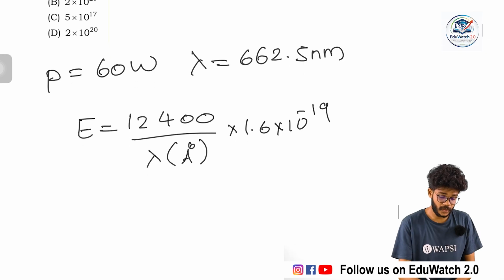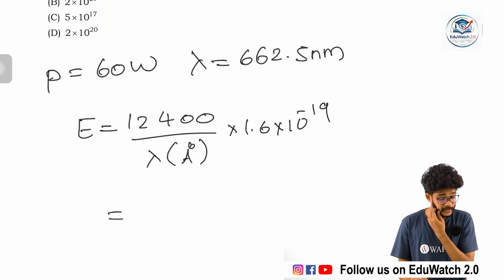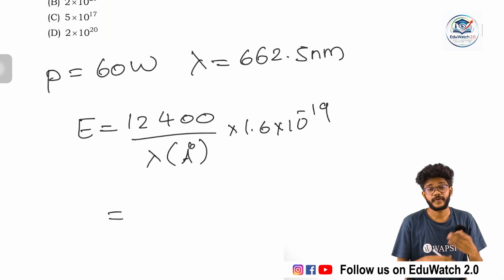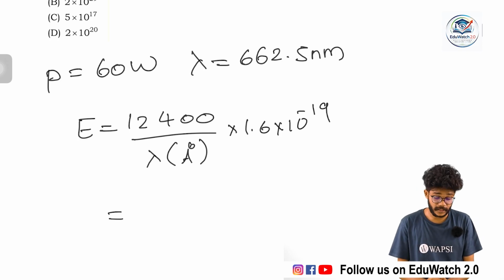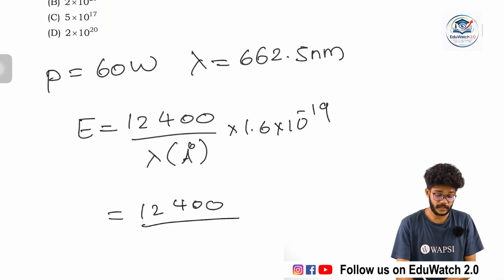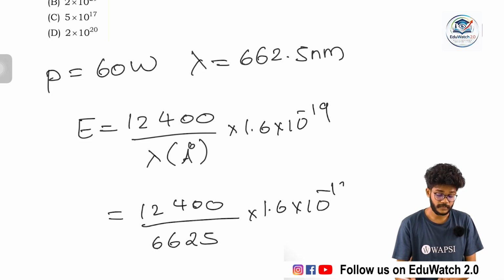So energy is equal to, and what is lambda? Lambda is in nanometer, so we want to convert the nanometer to angstrom: 6,625. 12,400 divided by 6,625 into 1.6 into 10 raised to minus 19. Okay, so we get the energy E.